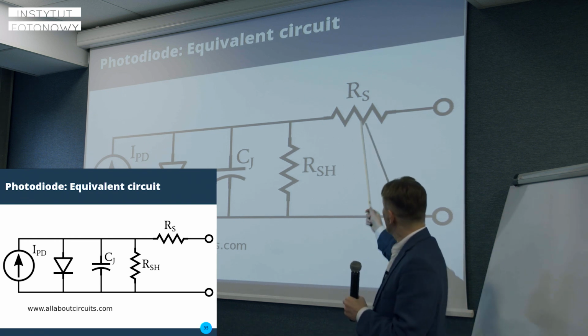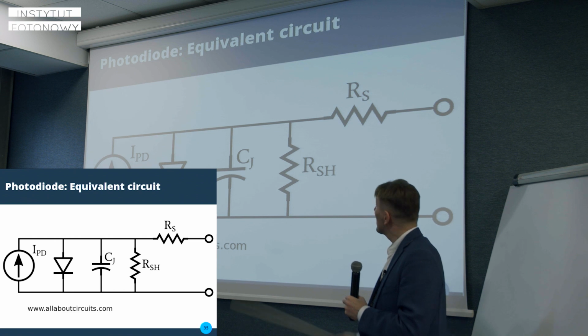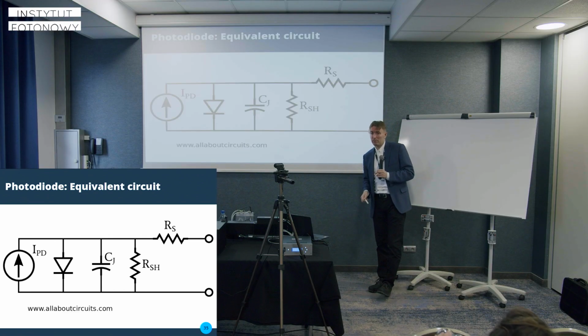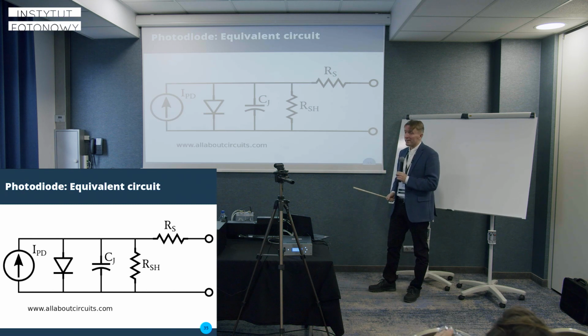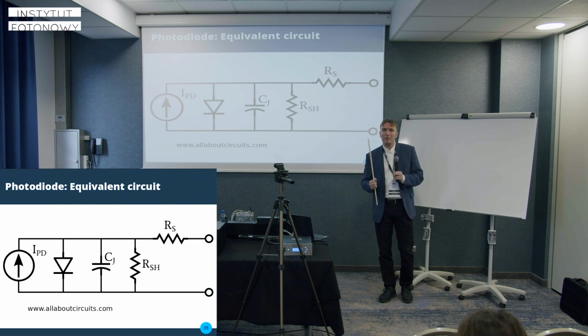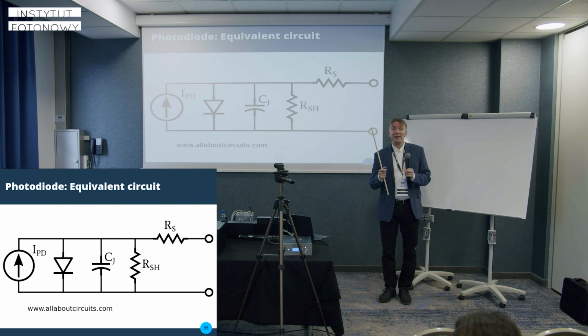And there is this resistance in series. This one, on the other hand, you would like to keep low. Why is that? Because you would like to have your photodiode linear with respect to light intensity.